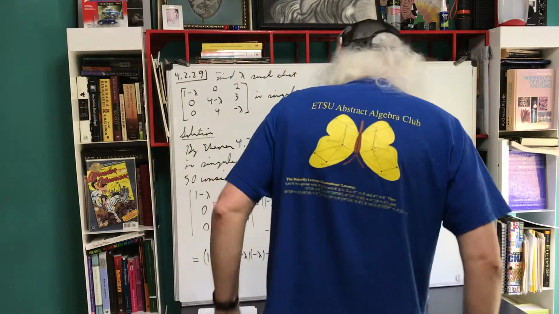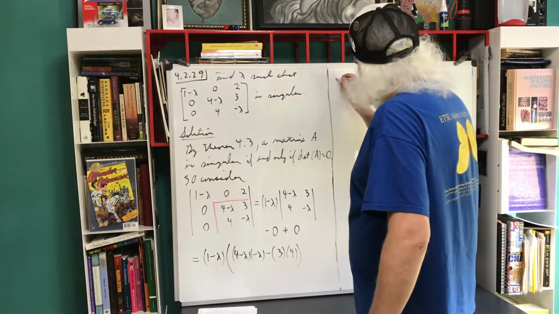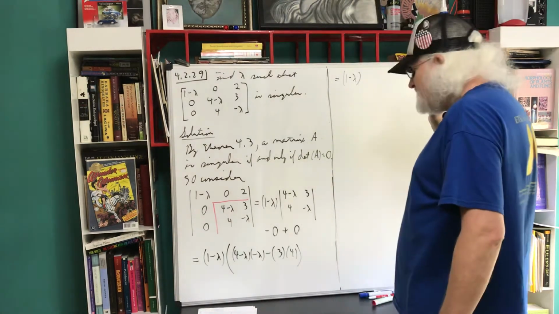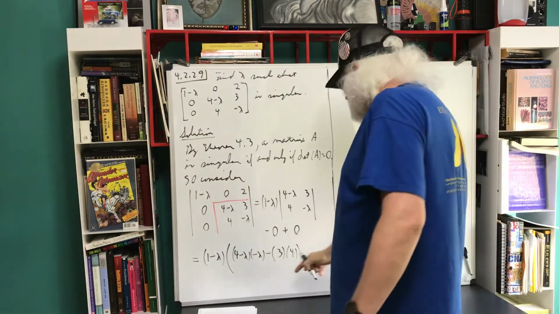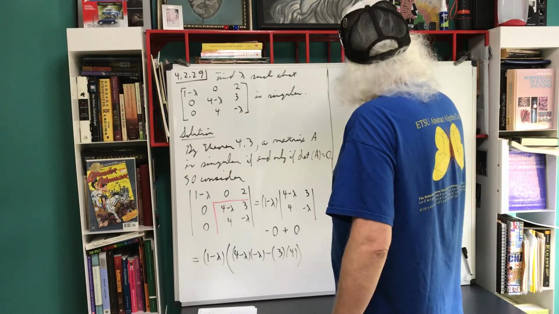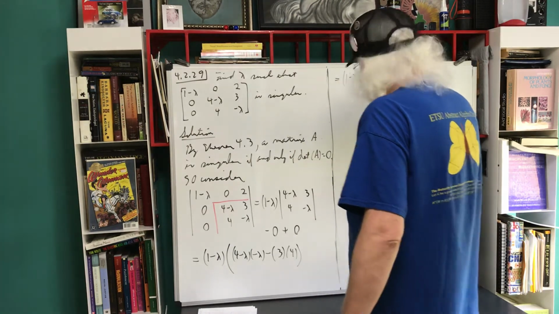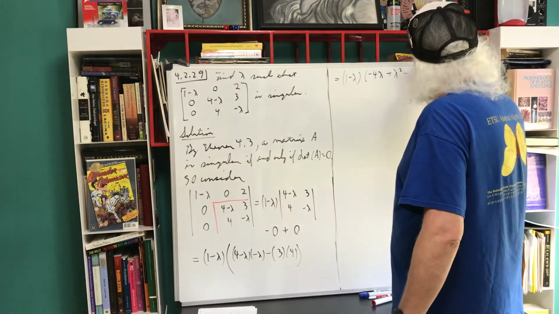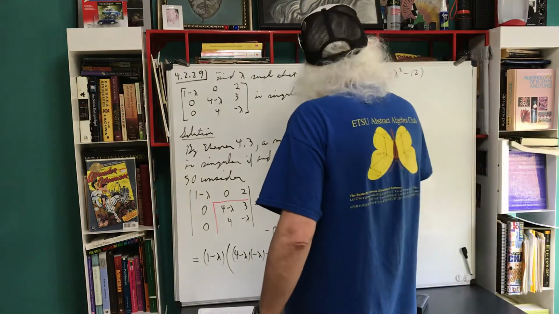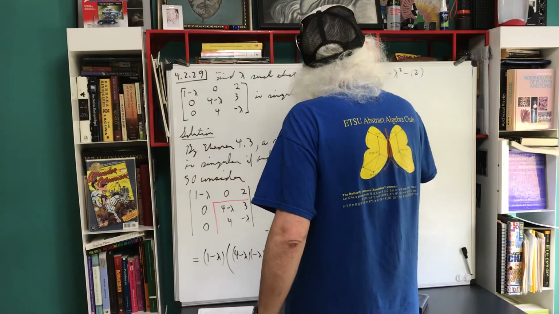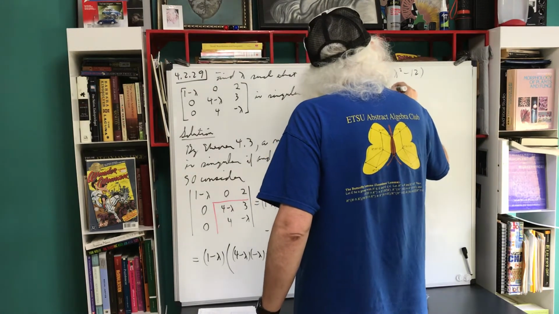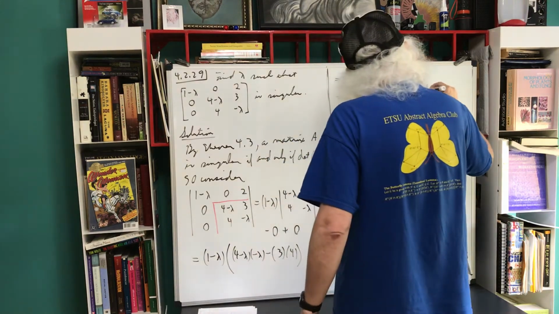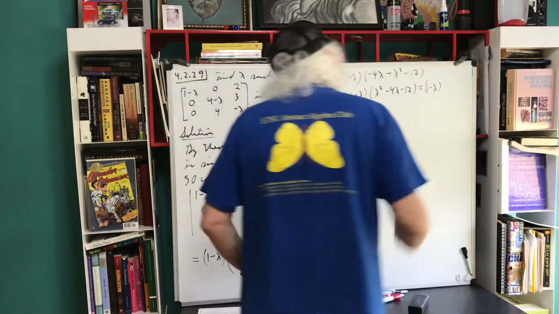All right, so let's see, that's 1 minus lambda. I still need to do some factoring here. 1 minus lambda, I guess I have to multiply this out. That will be -4 lambda plus lambda squared minus 12. Maybe 1 minus lambda times lambda squared minus 4 lambda minus 12, more amenable to factoring in that form.